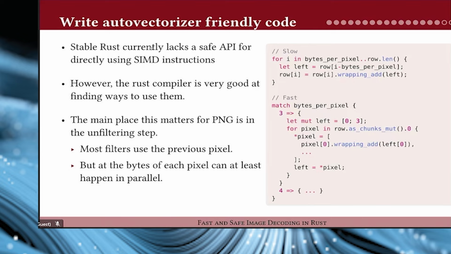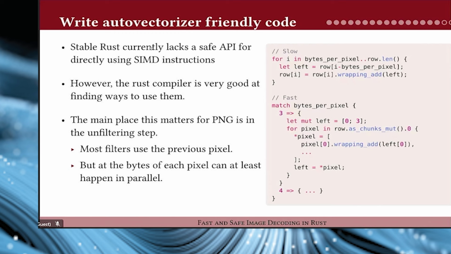Each byte depends on something that is bytes per pixel, a variable amount before the byte you're updating. That's hard for the compiler to reason about because it doesn't know what this value is going to be ahead of time.